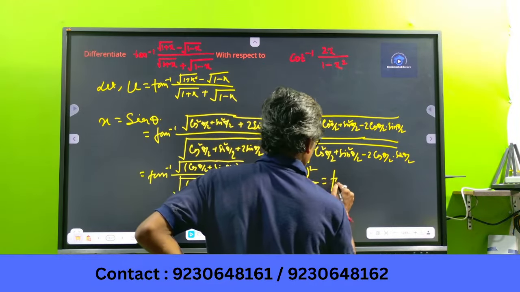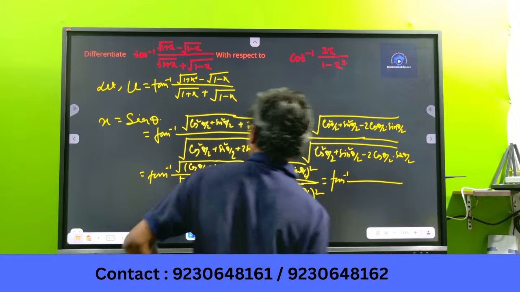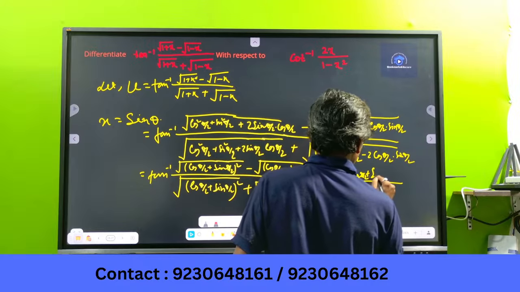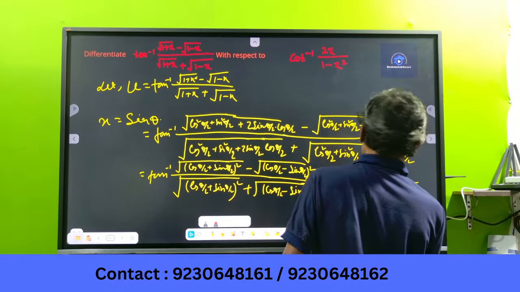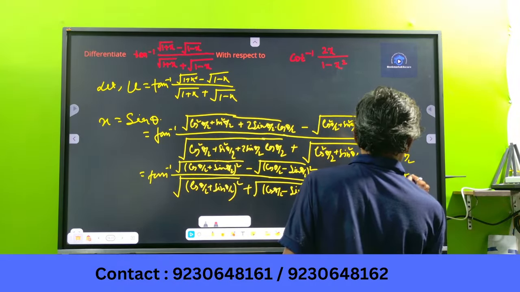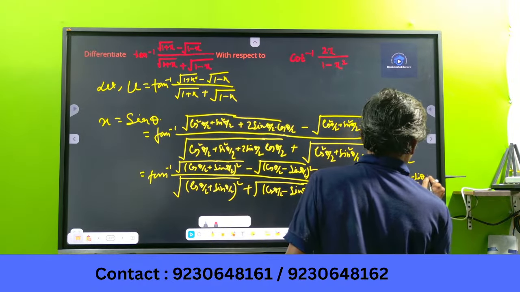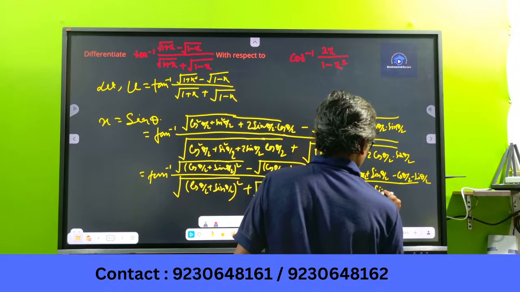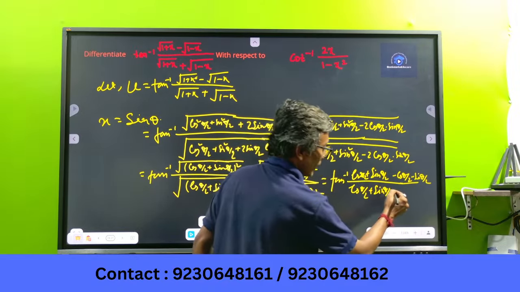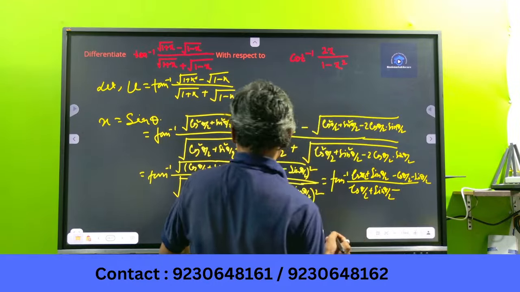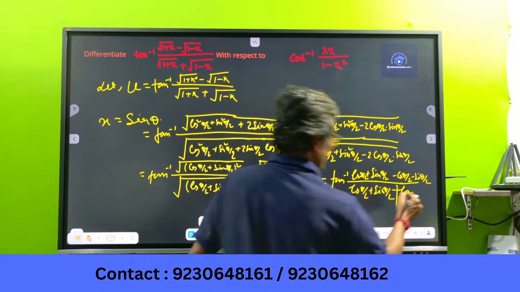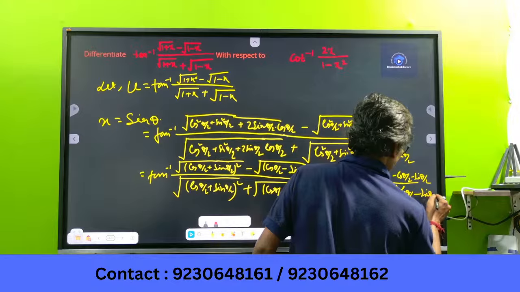So tan inverse cos theta by 2 plus sine theta by 2 minus cos theta by 2 minus sine theta by 2, by cos theta by 2 plus sine theta by 2 plus cos theta by 2 minus sine theta by 2.